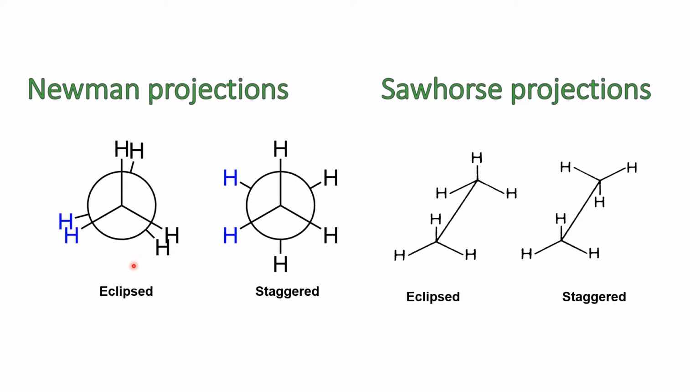This is widely used to show conformations in n-butane. When the two Ys, that is the Y attached to the front carbon as well as the back carbon, are both straight Y or both inverted Y, like this example, then the different groups attached to these two carbon atoms come very close to each other.